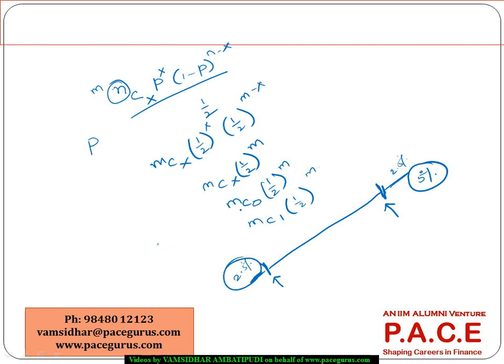So probably I know the m. Based on this, I will decide what is that particular n. Based on this, I have to find out what is that particular value of x here, wherein the summation of all these things will be lesser than the 2.5%.